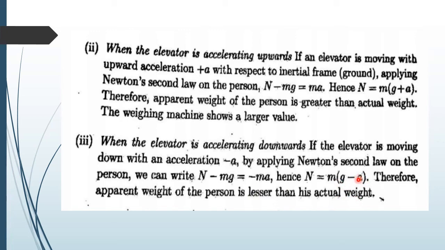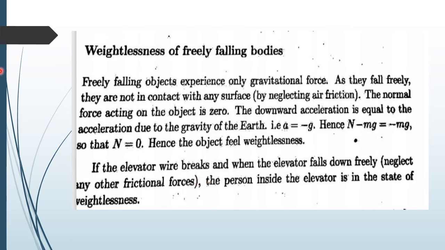So, ma is the amount of force acted upon the person by the elevator, which is accelerating downward. Hence, the apparent weight of the person is less than the actual weight. So, the weight shown in the weighing machine will be less than the actual weight. These are the three possibilities.